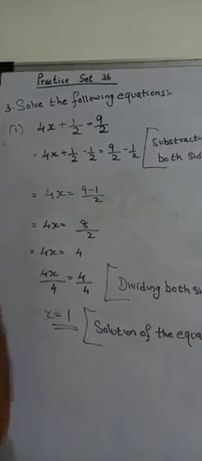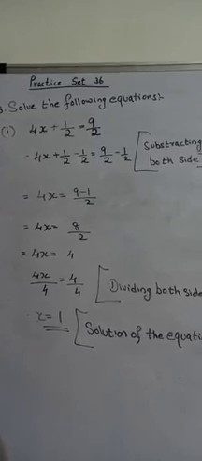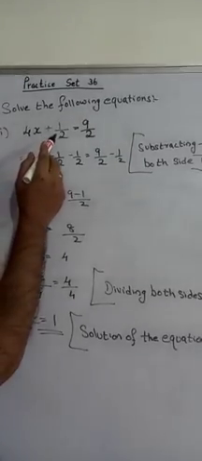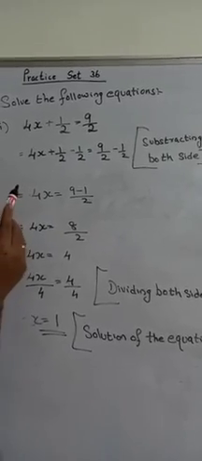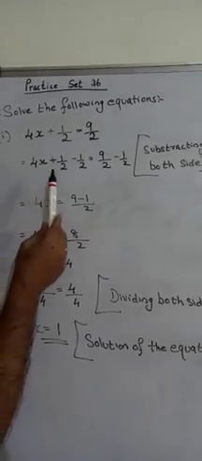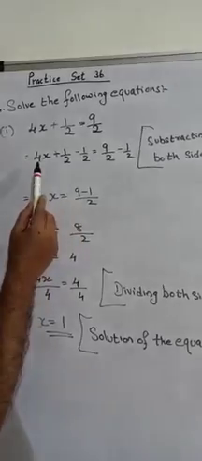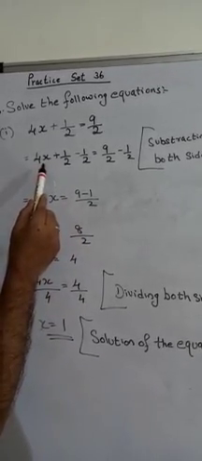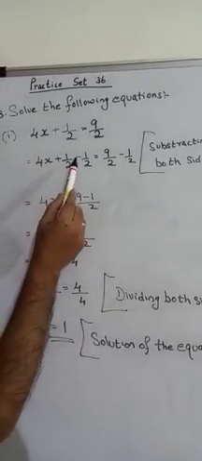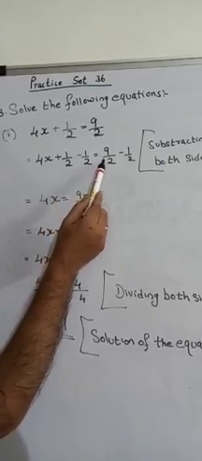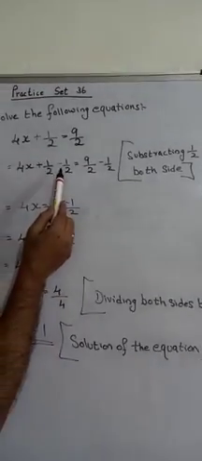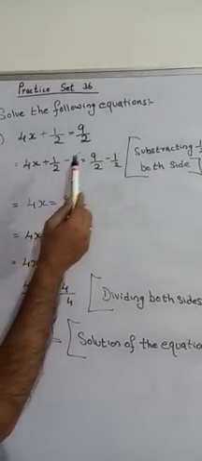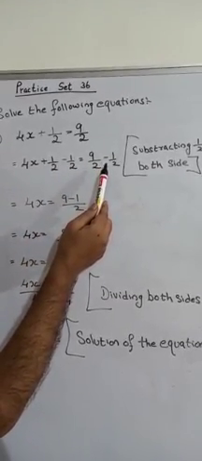Now we'll solve the third question. Solve the following equation. The first sum: 4x plus 1 upon 2 is equal to 9 upon 2. Here first we'll subtract 1 upon 2 on both the sides. So the next step is 4x plus 1 upon 2 minus 1 upon 2 is equal to 9 upon 2 minus 1 upon 2. When we minus 1 upon 2 on the left hand side, we also have to minus it on the right hand side.